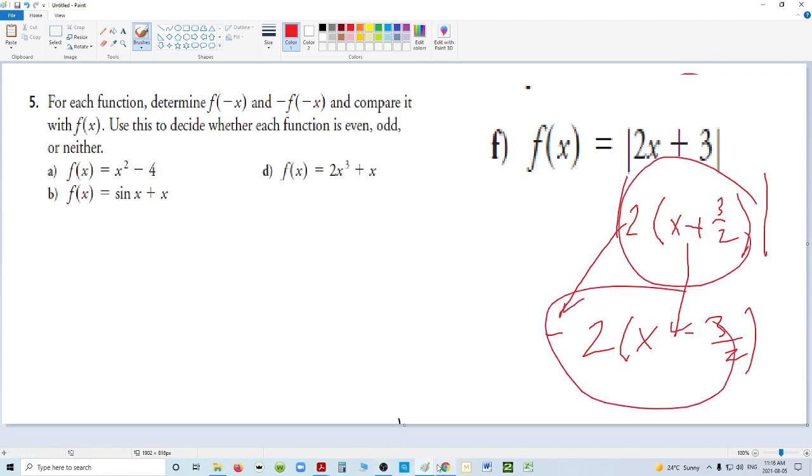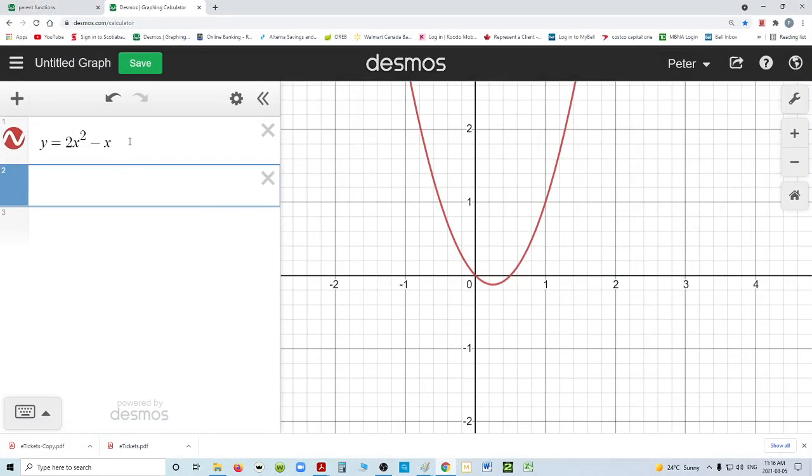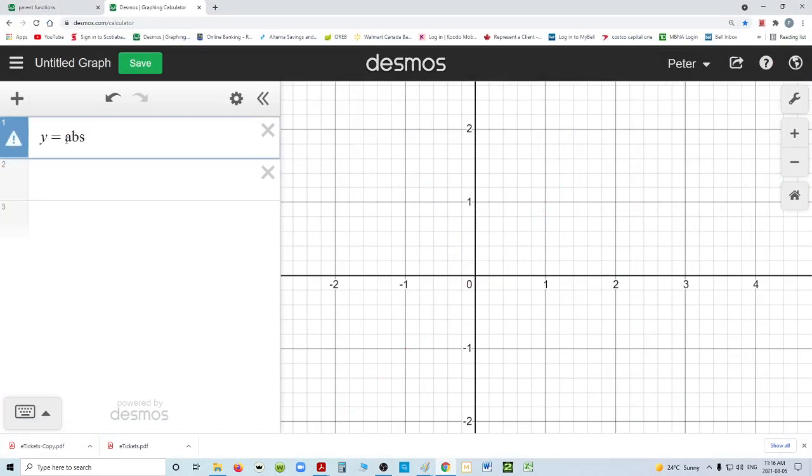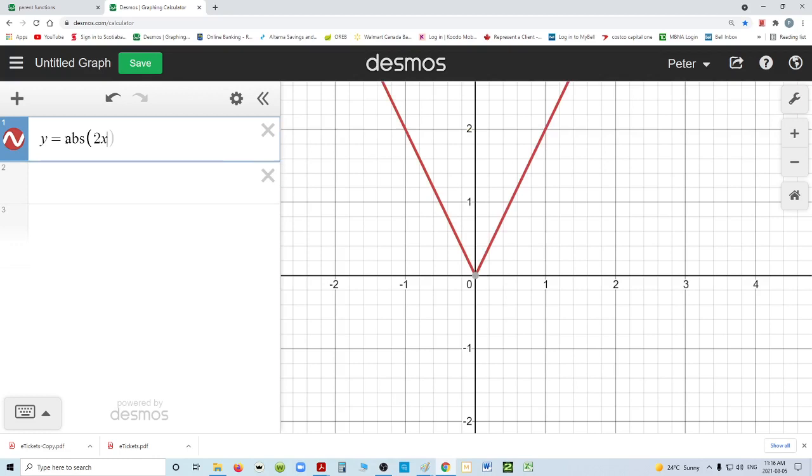So I'm going to say that this is indeed, it's a big gamble here, because absolute functions tend not to do this. It's saying that it's an odd function, but it really shouldn't be. Y is equal to the absolute value of 2x plus 1.